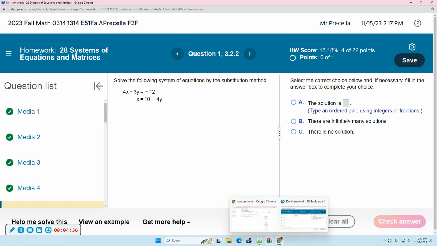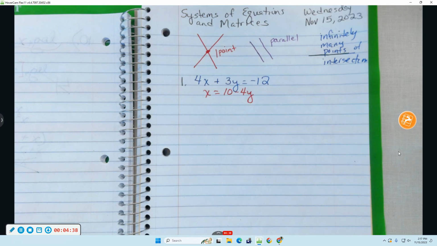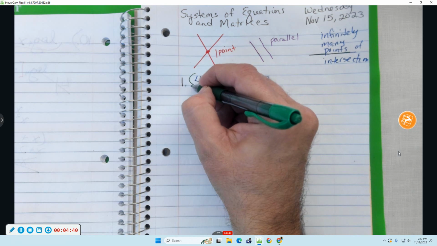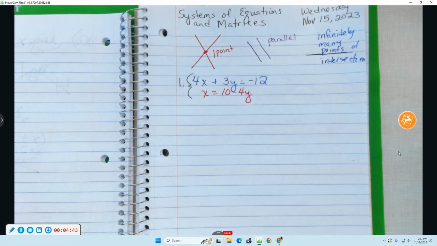We're trying to find where those two lines intersect. If you drew the graphs, where do they intersect? And realize the instructions said to use substitution.